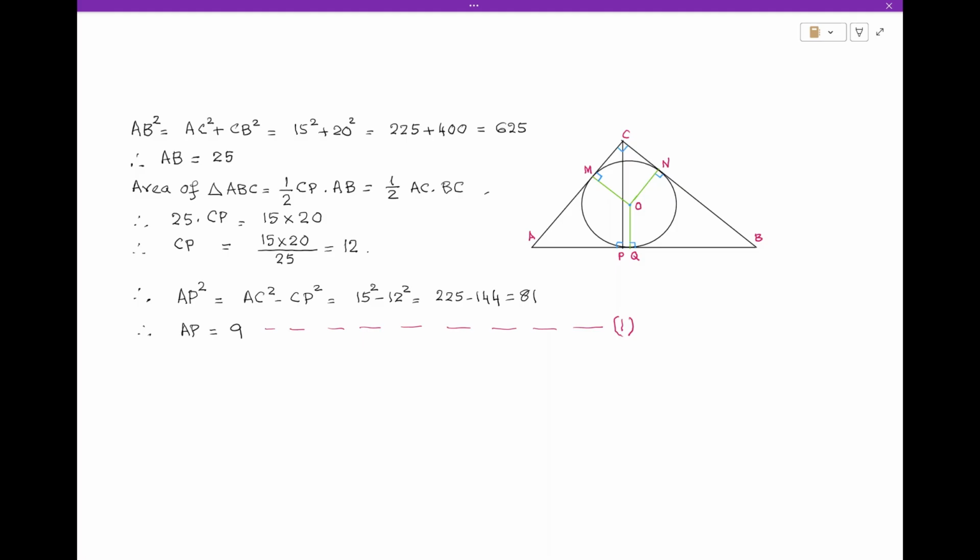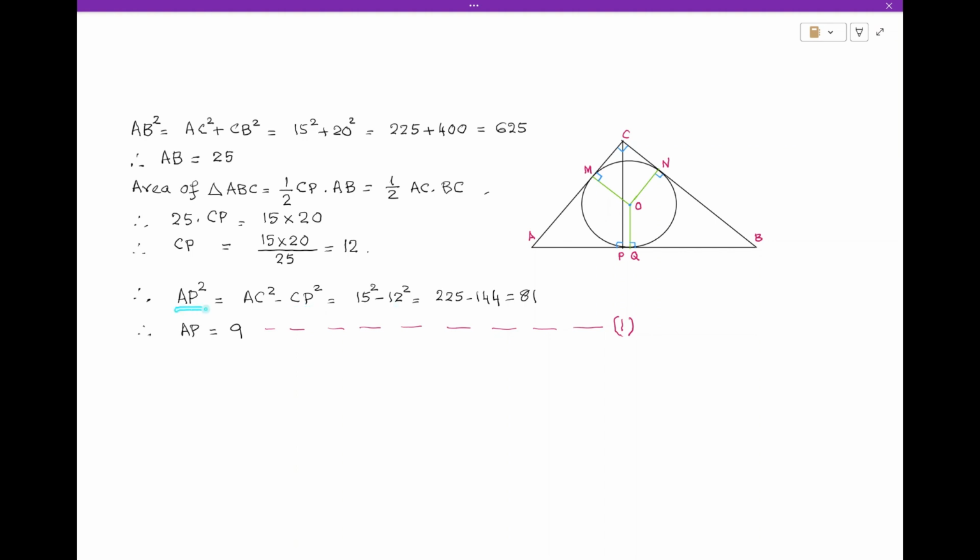Now, AP square is equal to AC square minus CP square. Why? That's because this angle is 90 degrees, so by the Pythagorean theorem, this square minus this square is equal to AP square. AC is 15 and CP is 12.